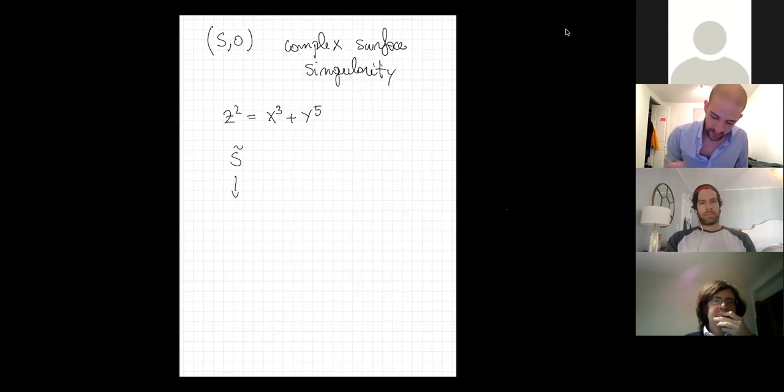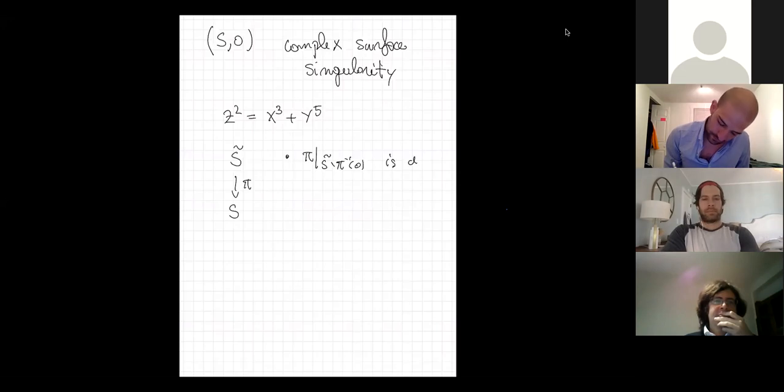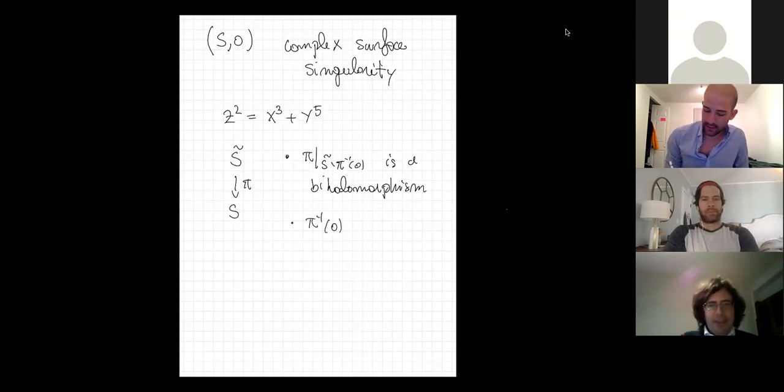So this is a smooth surface S twiddle together with a map pi that has the following two properties. Pi is a biholomorphism away from the singularity, so in particular it is a diffeomorphism with the image, and the counter image of the origin is an algebraic curve with possibly many irreducible components.